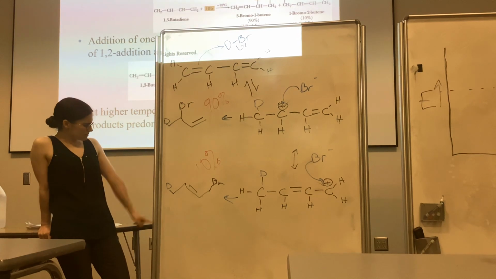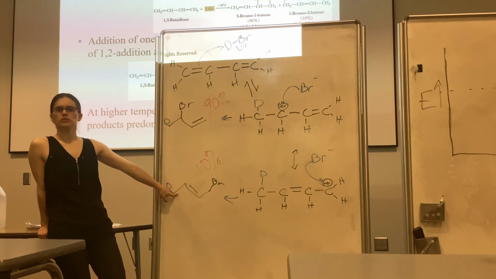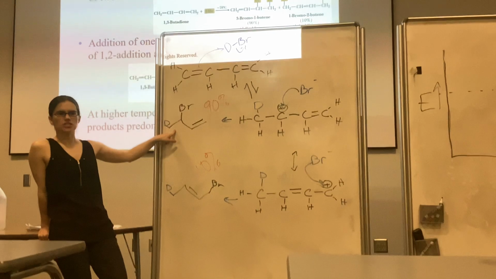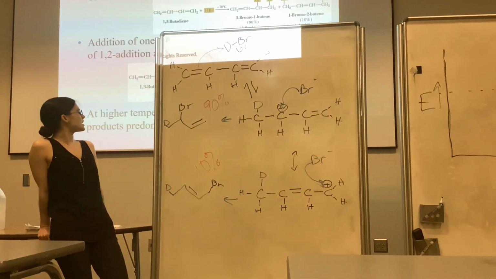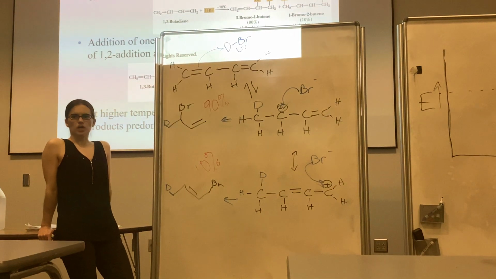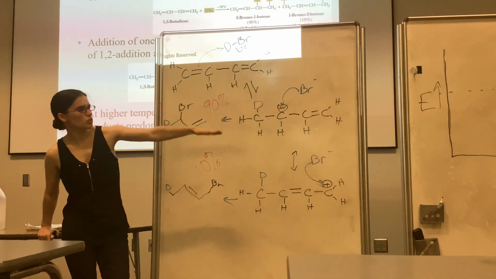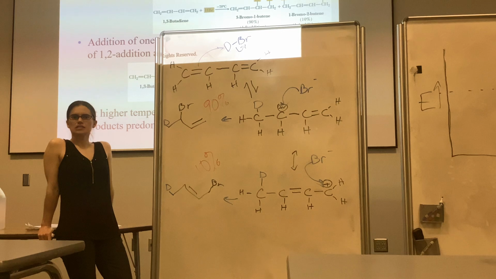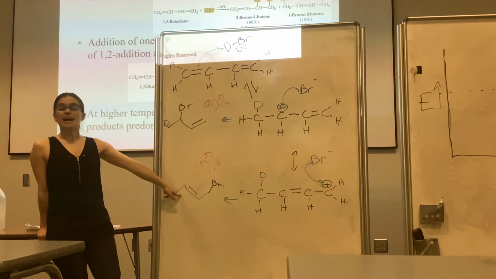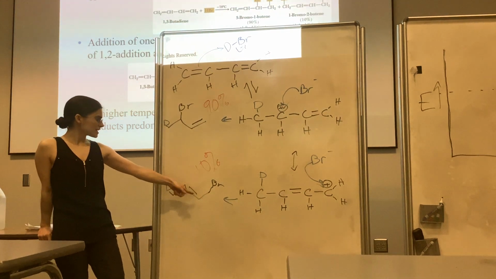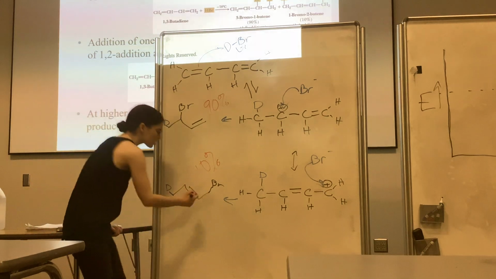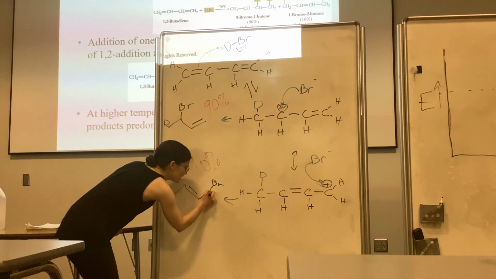But besides that, which one of these guys is more stable? Which one of these guys is just, like when I draw these product lines, which one is gonna be lower energy, more stable, gonna have a lower line over there? 10%, the bottom. Yeah, right? Because this one, we don't really talk about having to stabilize halogens.